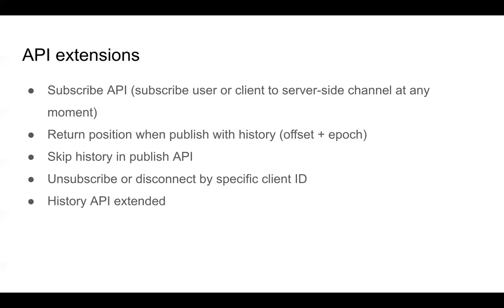And as I said, the history API has been extended. You can now iterate over history using the server API also. Actually, history iteration will be available in the client protocol API and in the server protocol API. So just use whatever you need.